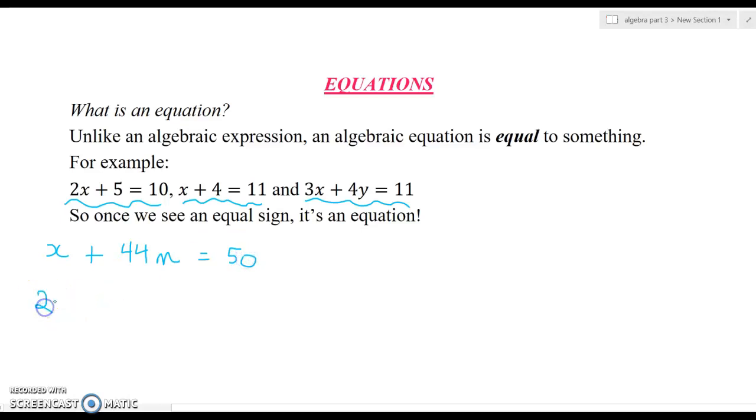We could have 2x plus 5y equals 48. We could have z plus h equals 39. So once there's an equal sign in the mix, it's an equation. Let's look at some examples now on how to solve equations.